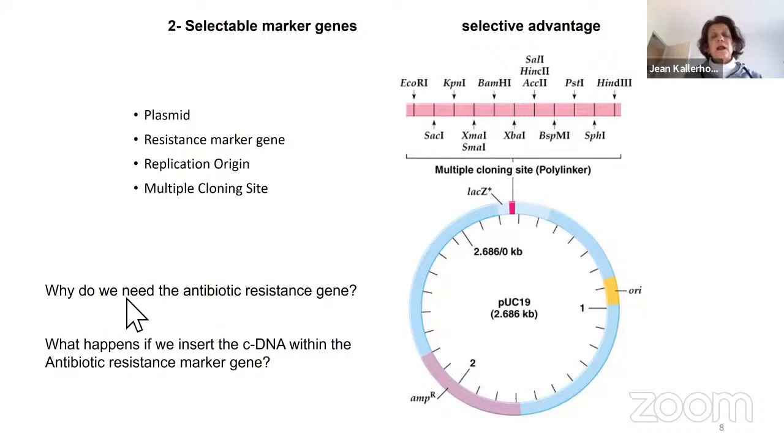So, why do we need the antibiotic resistance gene? The antibiotic resistance gene will code for a protein. Normally antibiotics are lethal. They will kill cells. This is not concerning humans, but normally for bacteria, it is the case.